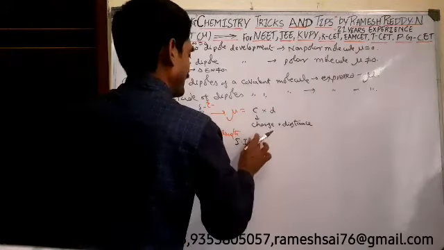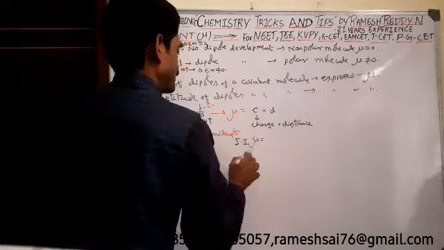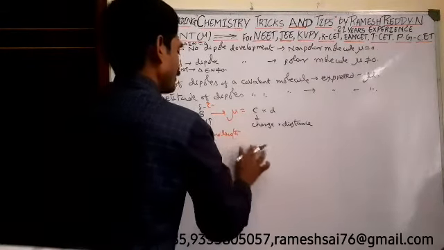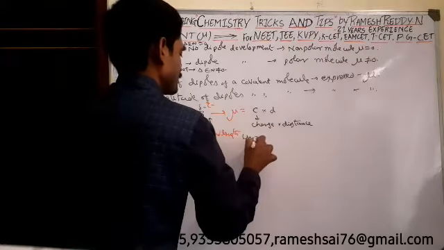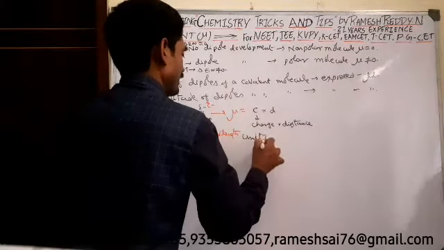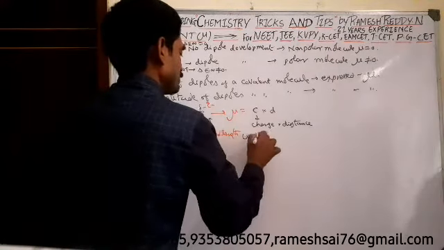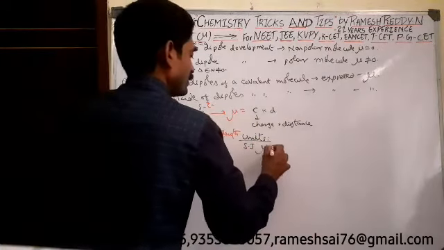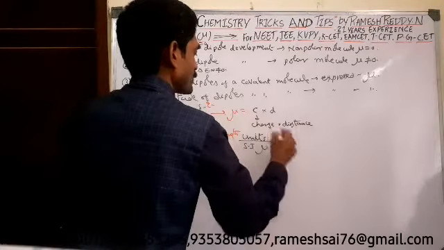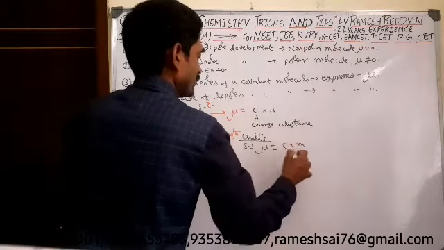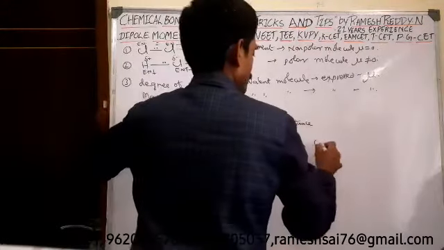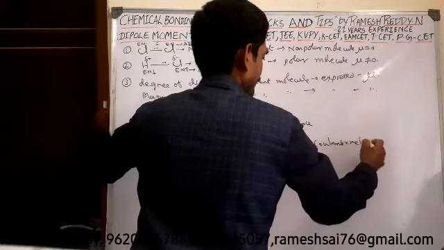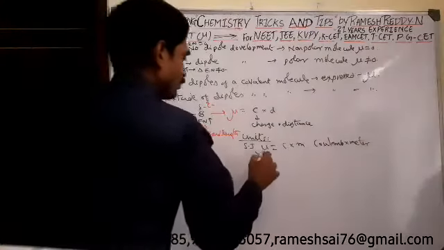Then, what is the SI unit of dipole moment? Now we are going to discuss the units of dipole moment. The SI unit of dipole moment is charge in coulombs and distance in meters, that is coulomb into meter.